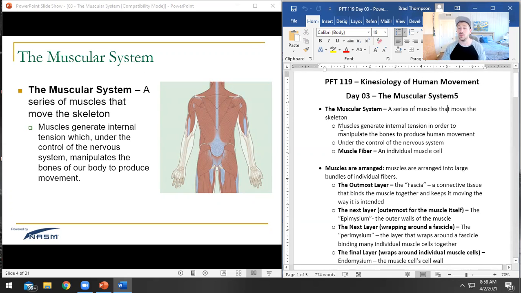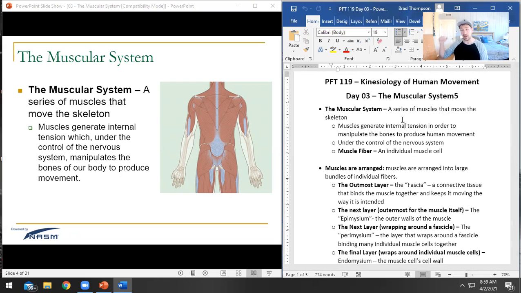How muscles do that is they generate their own internal tension, and that internal tension is going to overcome some sort of external stimulus, right? So that internal tension is going to generate a greater amount of force than the resistance that's tied to something.